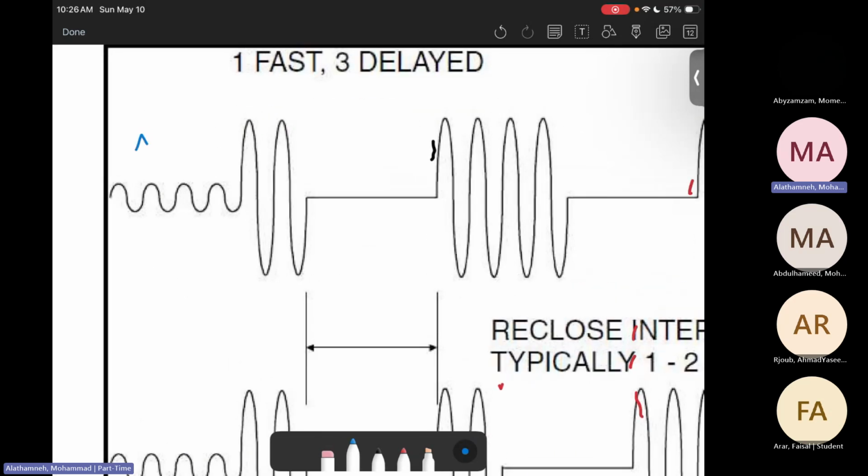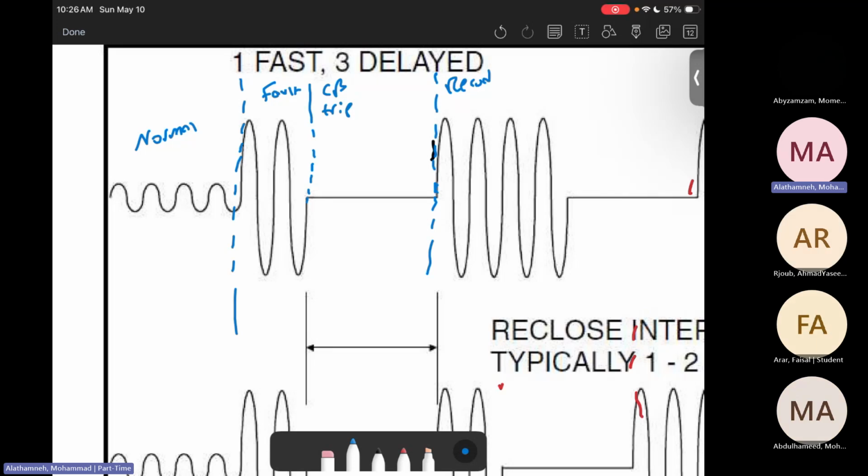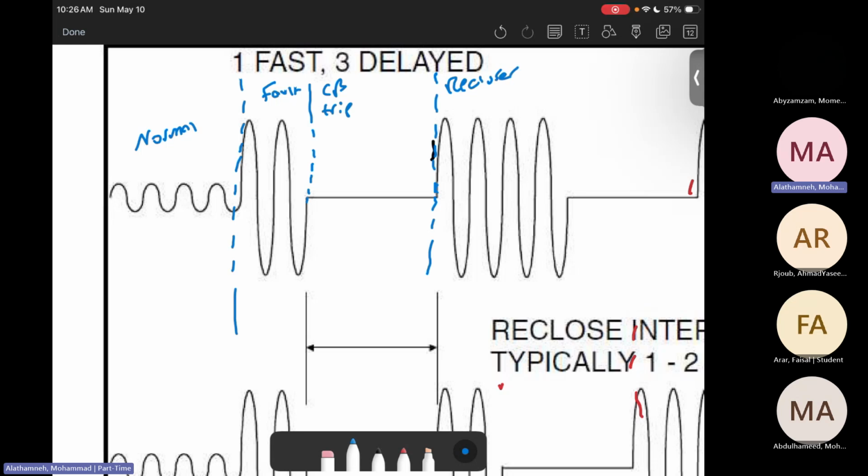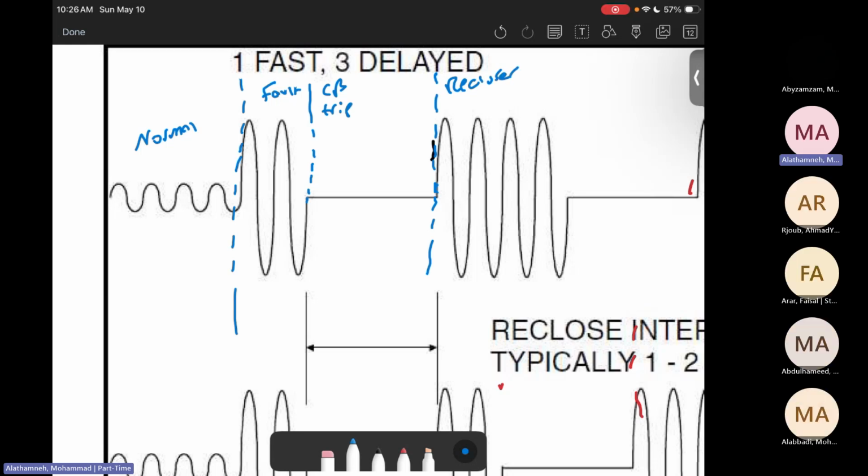So this is normal. Here is a fault. Then the circuit breaker trips. Then here, the recloser. When we have the recloser, the fault continues. Therefore, the circuit breaker trips.